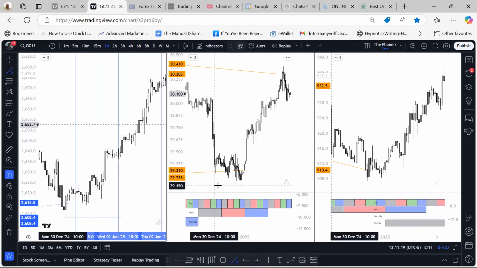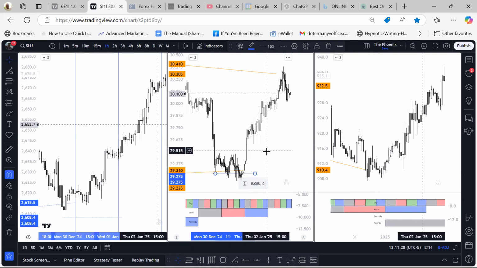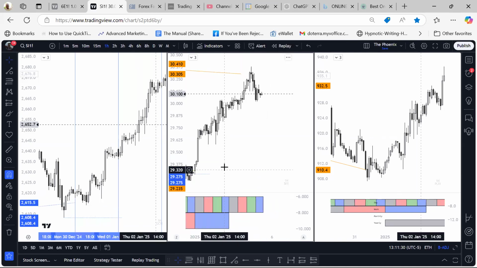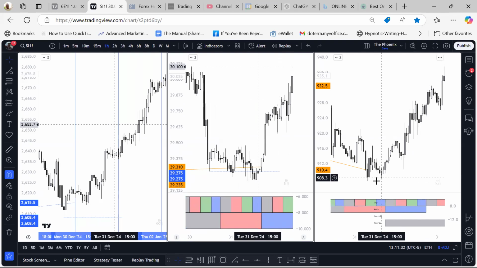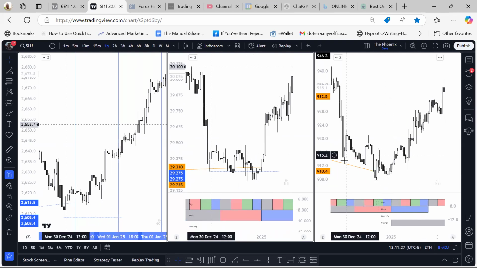Wednesday on silver takes that low. So this is Monday's low here. So this is Tuesday. Tuesday takes a low. And while on platinum, we have similar price action. So we have that SMT happening here as well.